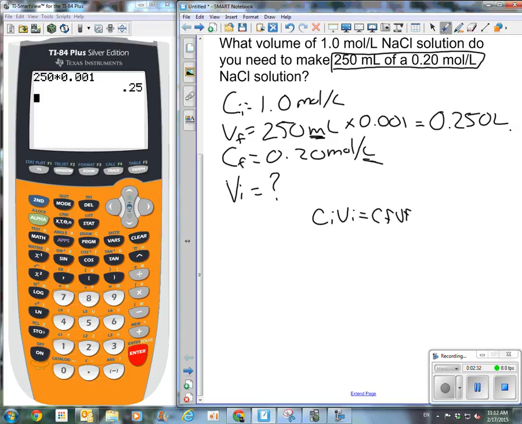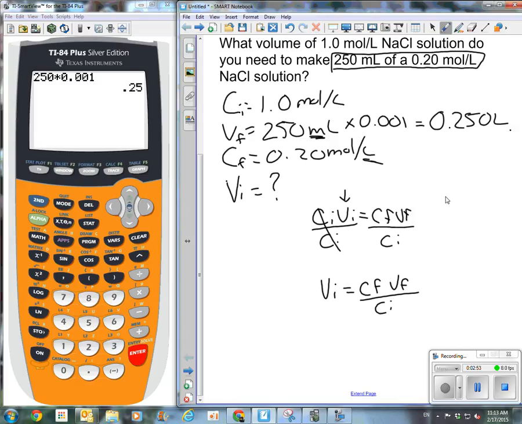So I'm going to rearrange this so that I'm solving for the initial volume. I'm going to divide both sides by the initial concentration to leave me with the initial volume is equal to the final concentration times the final volume all over the initial concentration. And now I'm going to substitute in my values.